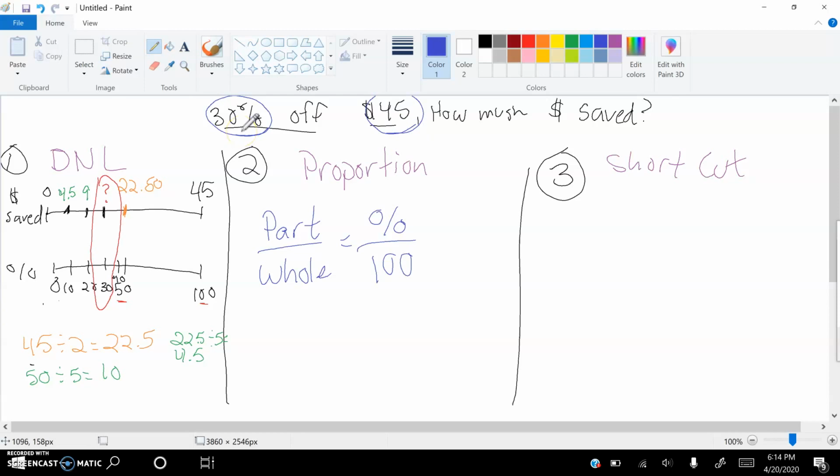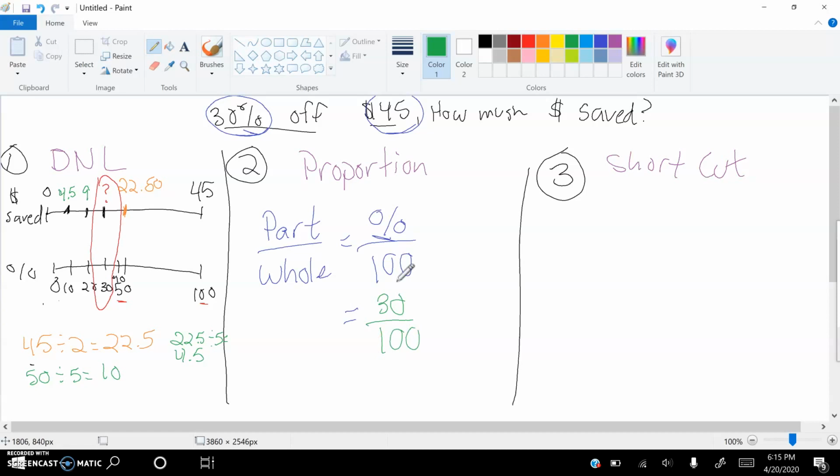Let's look at 30% here. Does it make sense to be the part, the whole, or the percent? Well, notice how there's a percent sign here, so it's going to go where our percent sign is. So instead of writing a percent, I'm going to write 30, and we have our 100.